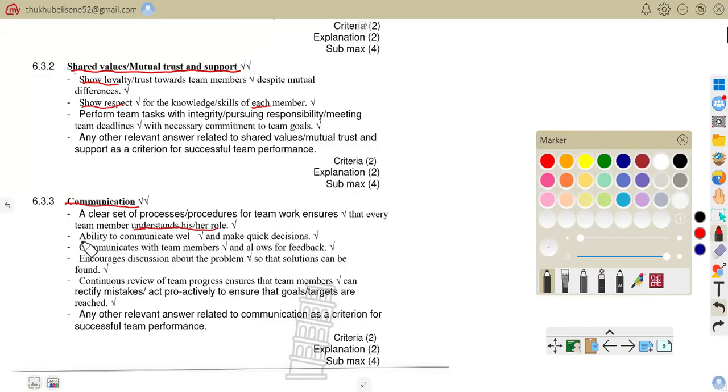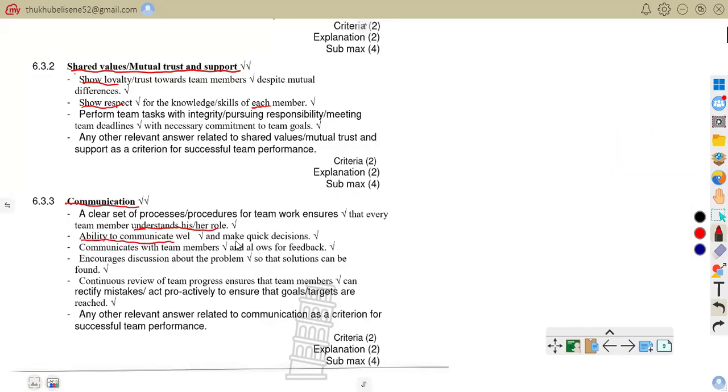Ability to communicate well and make quick decisions. So your communication should be very effective, free of bias, and then try by all means to make what? Quick decisions. So quick decisions are to be implemented. Communicates with team members and allows for feedback. Make sure that communication is taking place with team members, and then you allow for feedback.